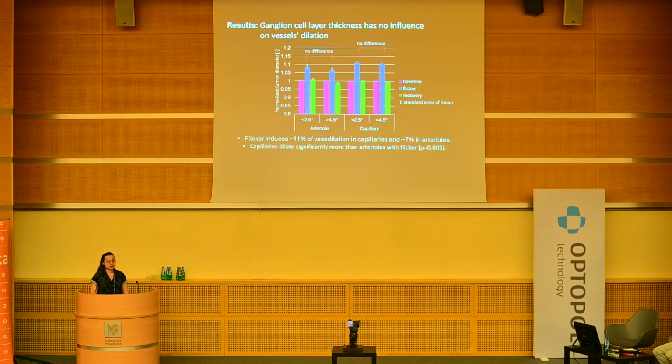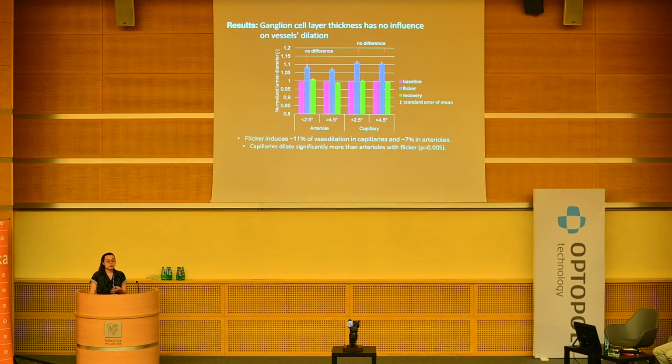In this plot, you can see the relative change of lumen diameter in three conditions. In both locations, flicker induced bigger dilation in capillaries than in arterioles. The difference was statistically significant. This dilation returned rapidly to the baseline during the recovery period.